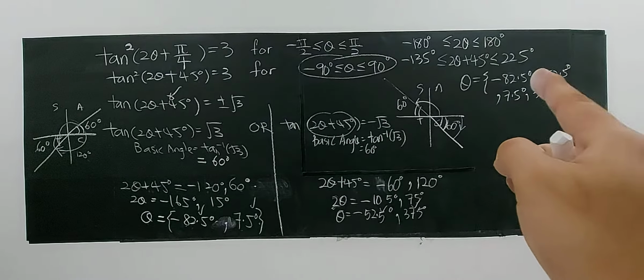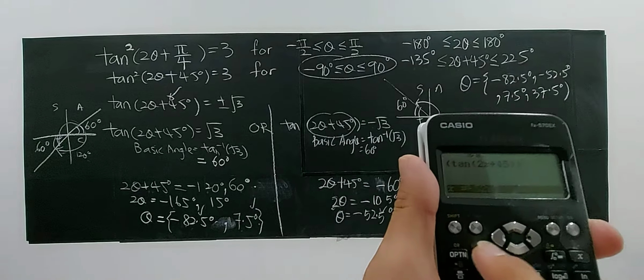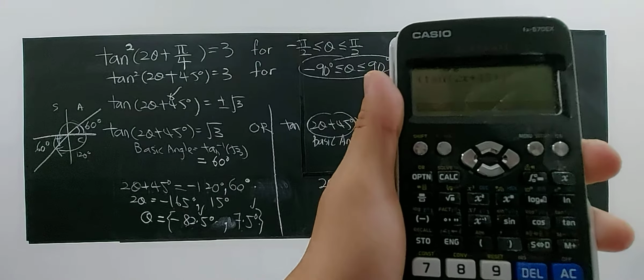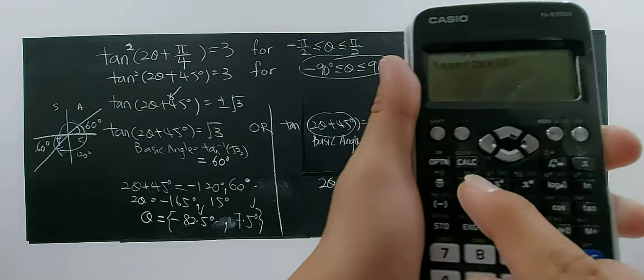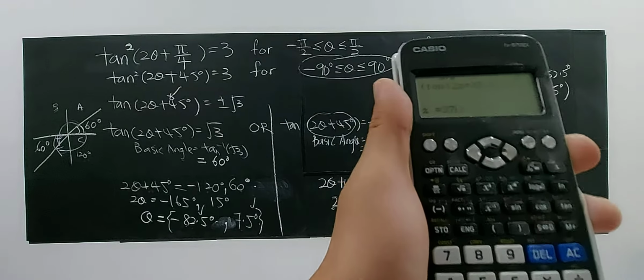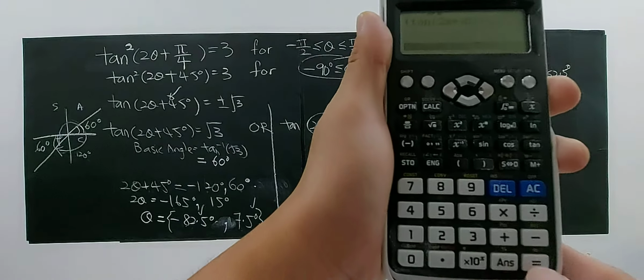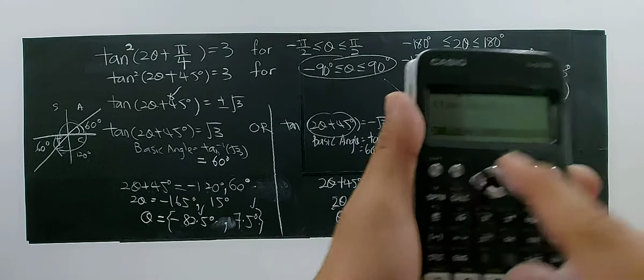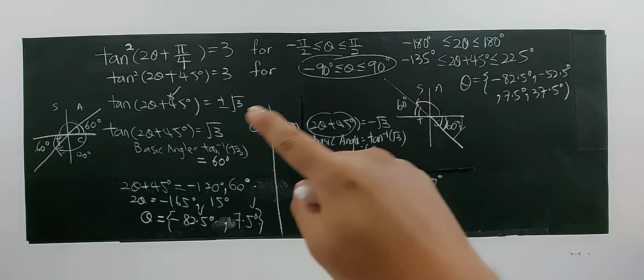Yes, negative 52.5 is also a solution. Now calculate 7.5, equal. You're getting 3 also. Calculate 37.5 degrees, equal, and you're getting 3 as well. So all of these are solutions for this problem.